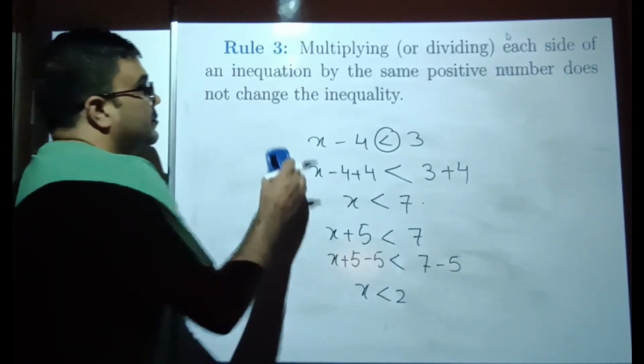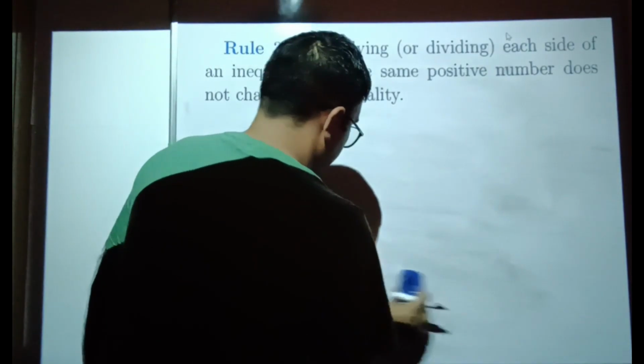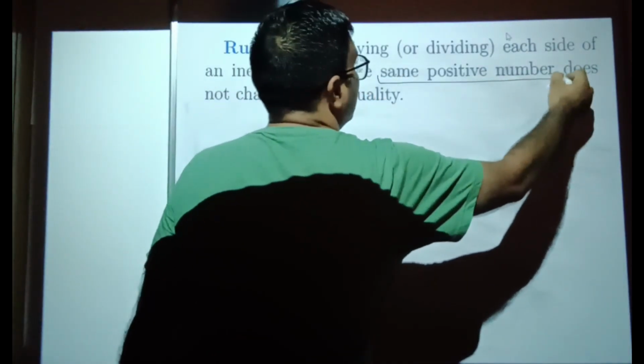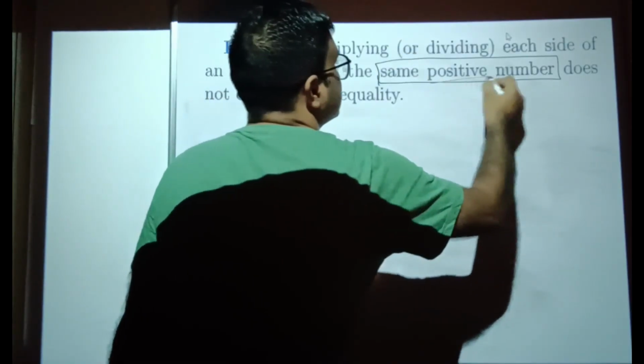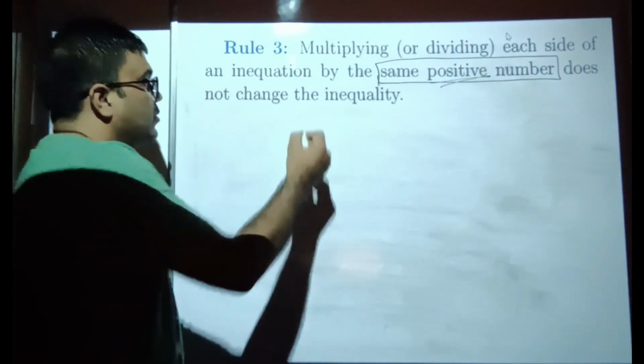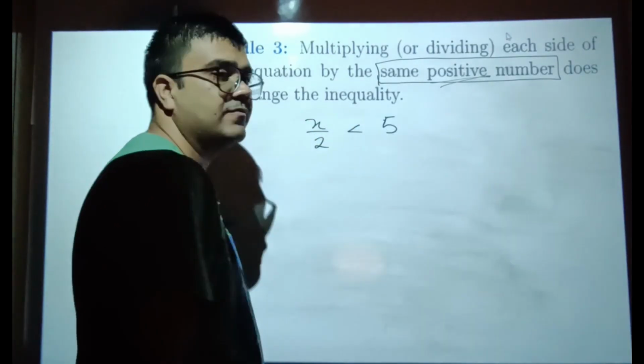Next is multiplying or dividing each side of the inequality by the same positive number. The term positive is very important here. I'm talking about x by 2 is less than 5.